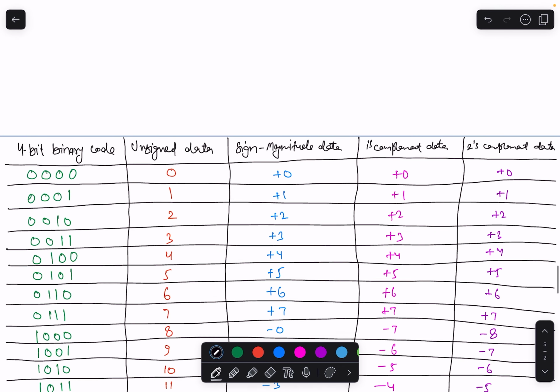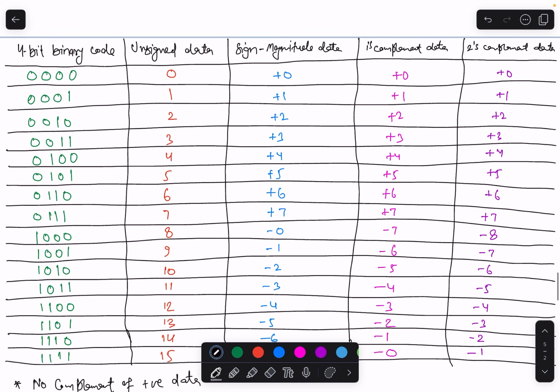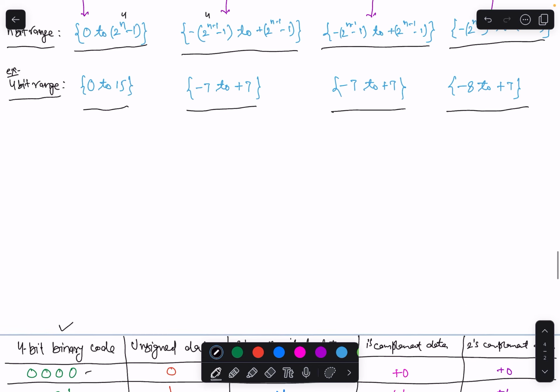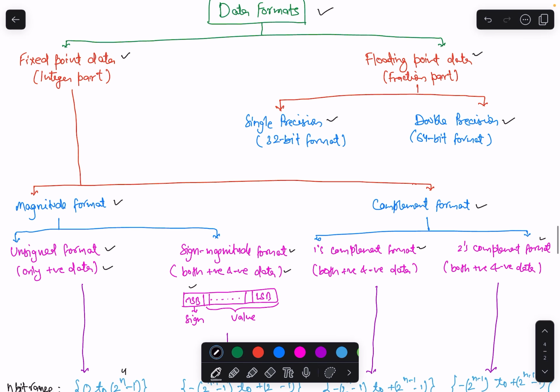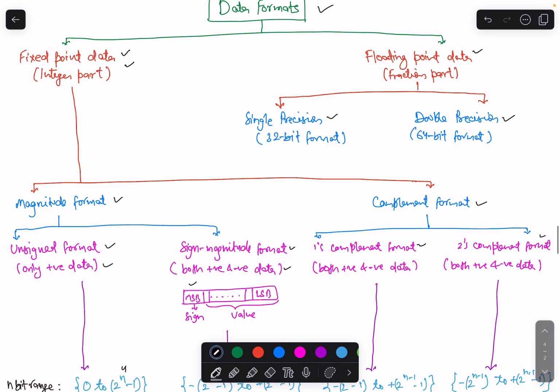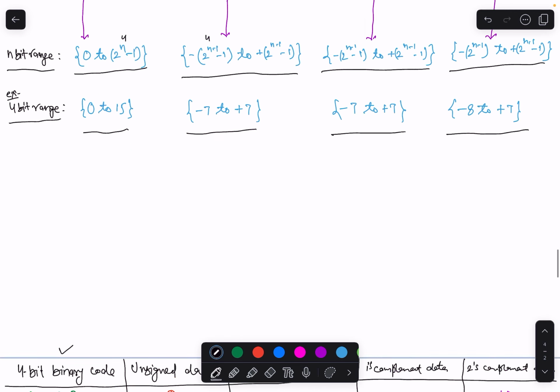So let's see. Here we have created this table. We have this 4-bit binary code from 0000 to 1111, and then we have these four formats, and here we are talking about only fixed point data; we will talk about floating point data later.